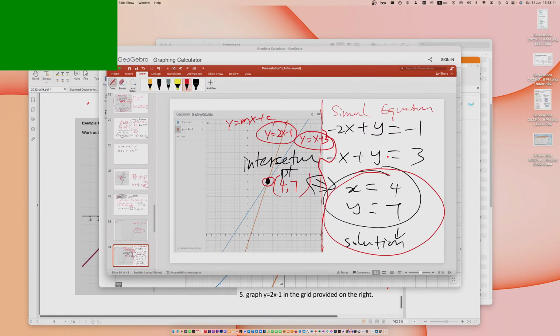That's why I call this simultaneous equation format. Why do we want to write in y equals mx plus c format? Because of the graph. It's for us to easier read the gradient and the y-intercept. Correct.